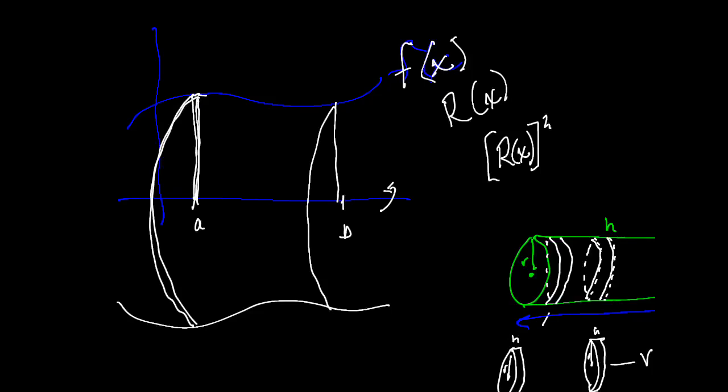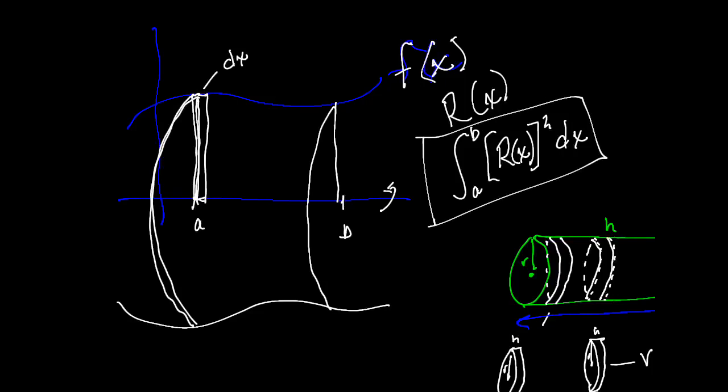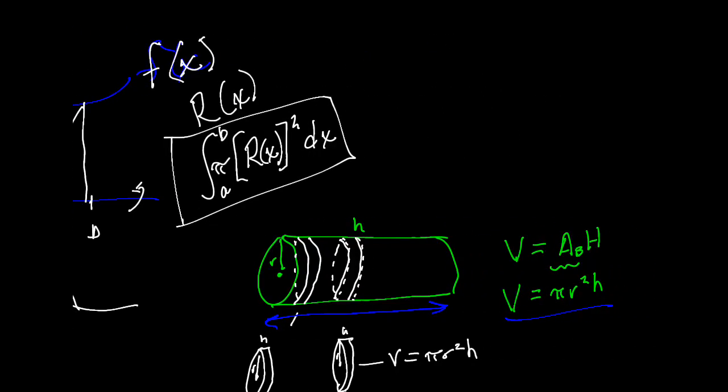The height of each disk is my dx, the difference in x. And I want to add up an infinite number of these little disks from A to B. I forgot my pi, pi r squared. So this ends up being our formula.